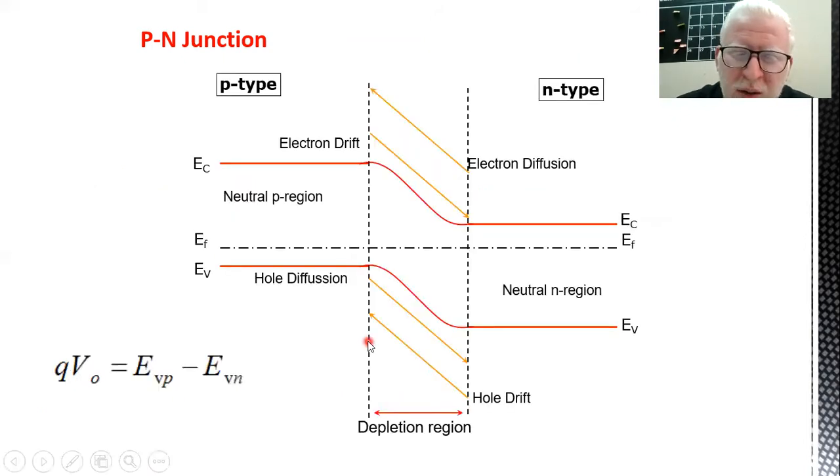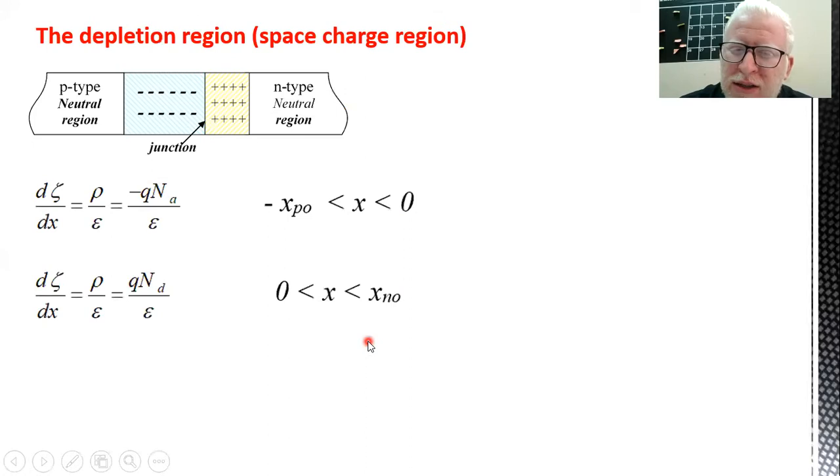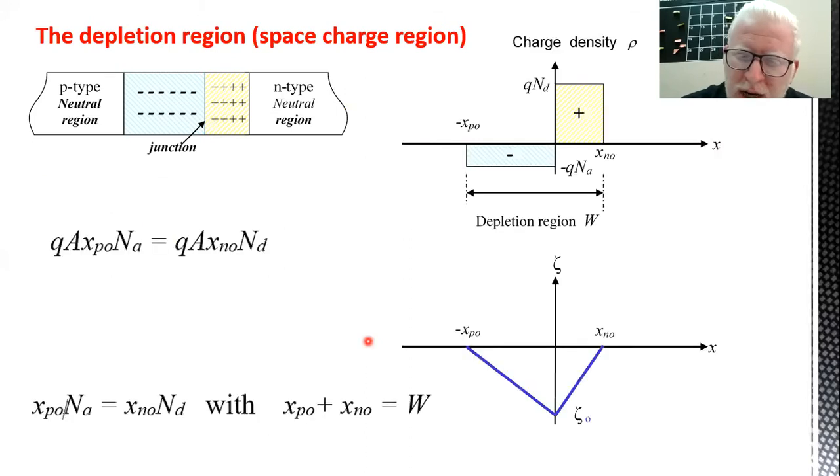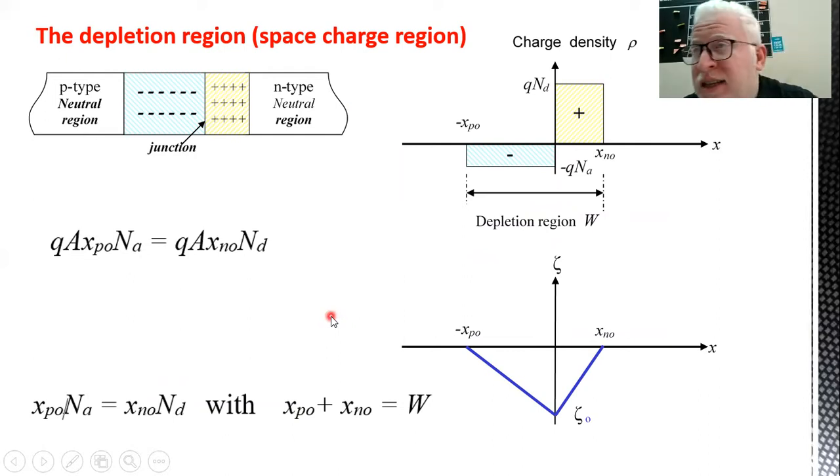Then we discussed together the equality of charge, and we reached these two important equations regarding the depletion region, where we divide the depletion region into two separate regions. The first is in the n region, which we call x_n, and the second is in the p region, which we call x_p.